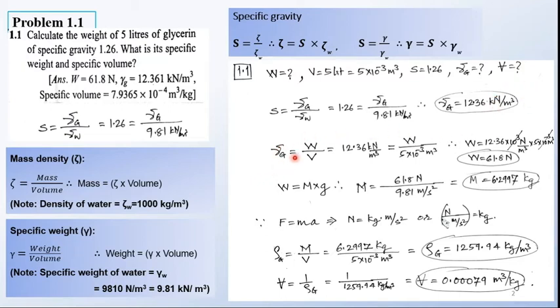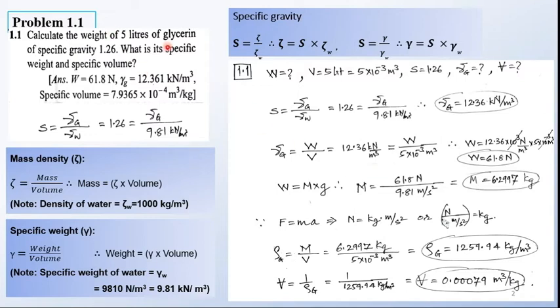Then by the definition, specific weight is weight divided by volume. I know now the value of specific weight as 12.36 kilonewton per meter cube, which should be equal to W, the weight, divided by the volume. Now in the problem they have given the volume as 5 liters. Now we are talking volume in meter cube.